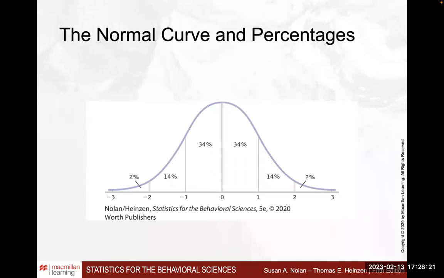So when you go from the mean to one standard deviation above the mean, you're capturing 34% of all the data. And the beauty of this is, because you're standardizing it based on a mathematical function, this will always be true.